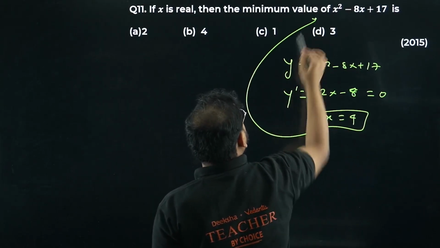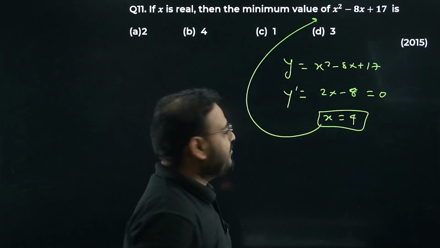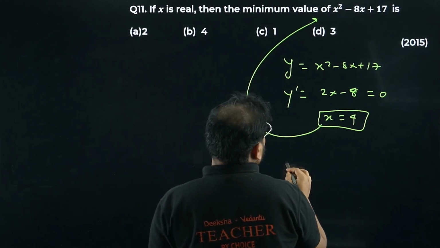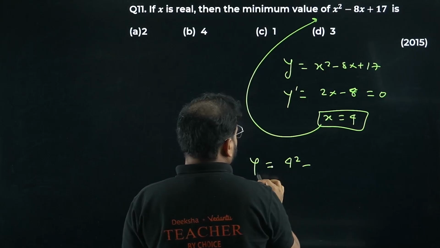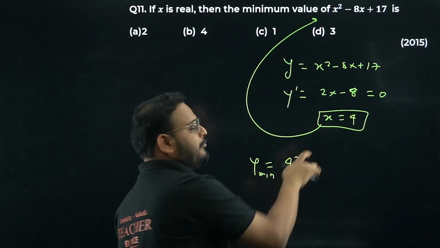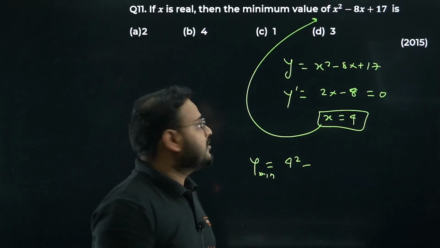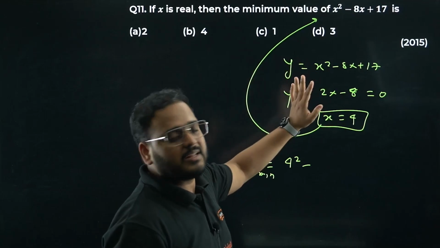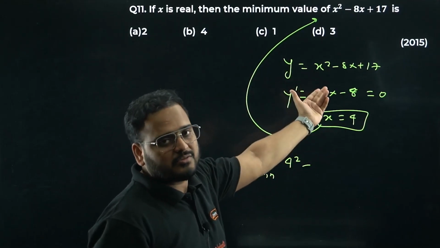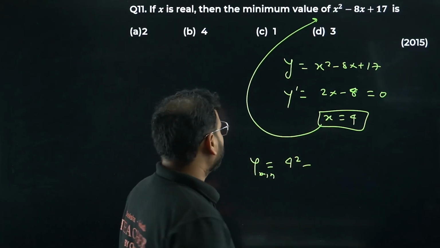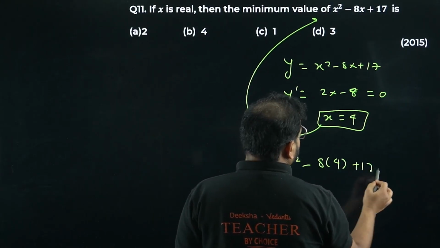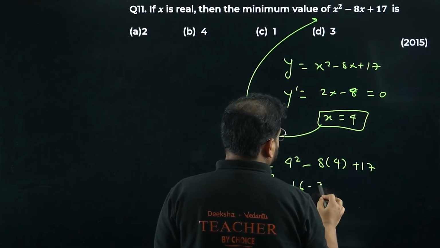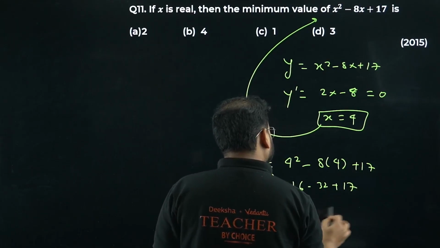I have only one critical point, looking for minima, and there's nothing given as not defined or anything like that. It means the value here has to be the minimum value. Put here 4 square minus 8 times 4 plus 17. I get 16 minus 32 plus 17. This will be 33, right?